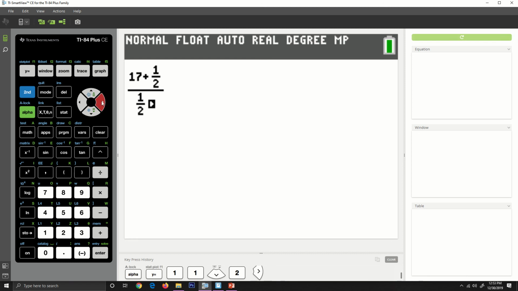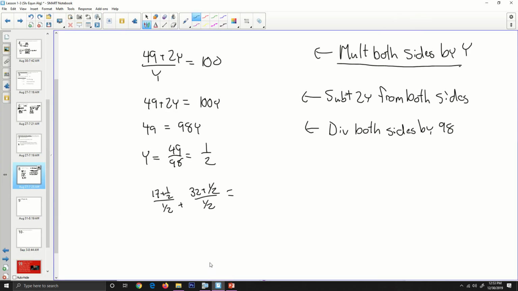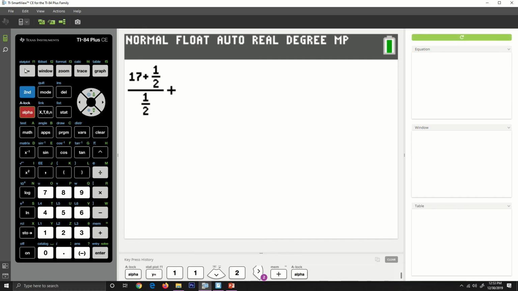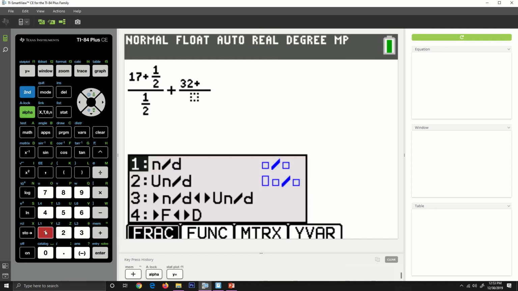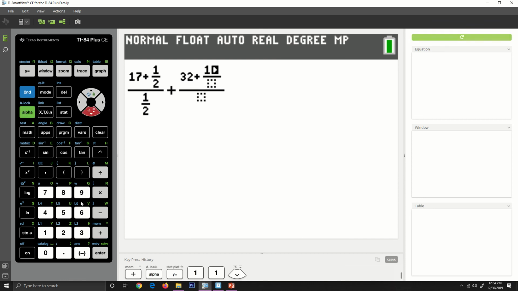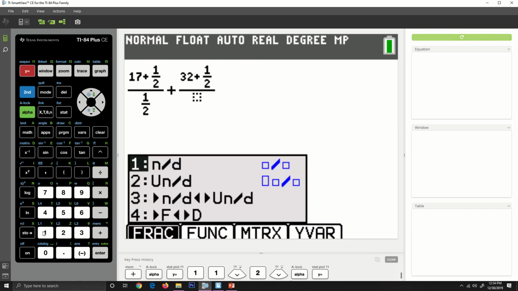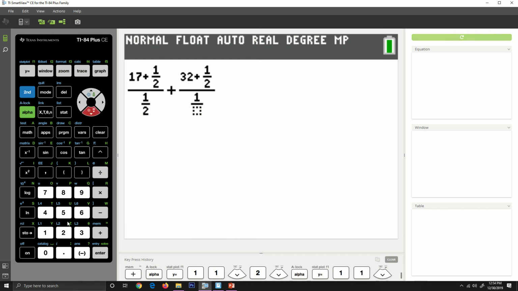If I hit my right arrow key once and then twice, I'm over there. And then plus, and just to check to be sure, 32. That's good. So again, alpha y equals, hit my 1 for fraction. It'll be 32 plus fraction, 1 over 2 all over 1 over 2.